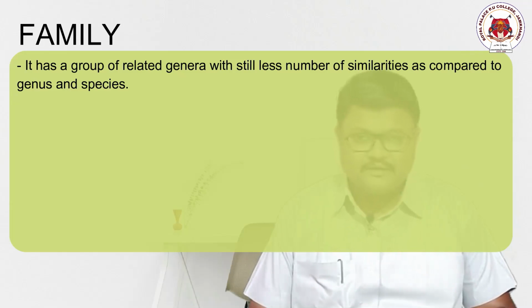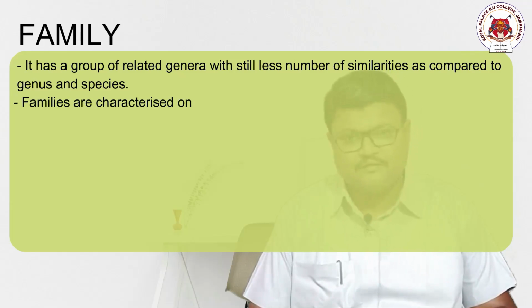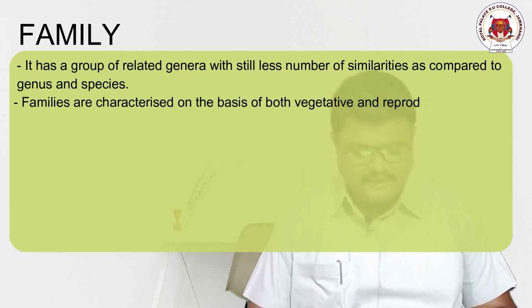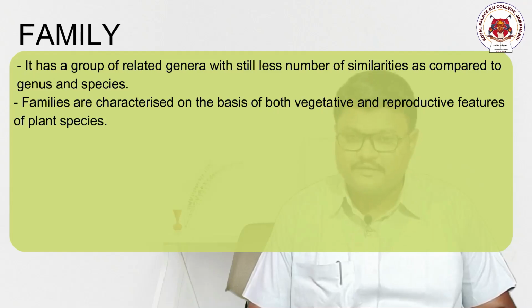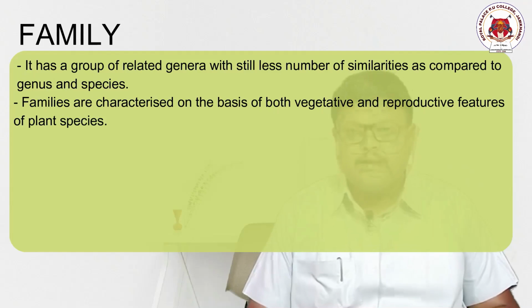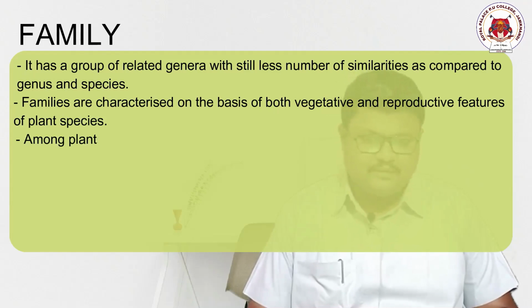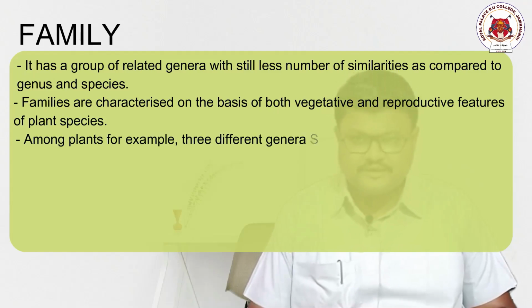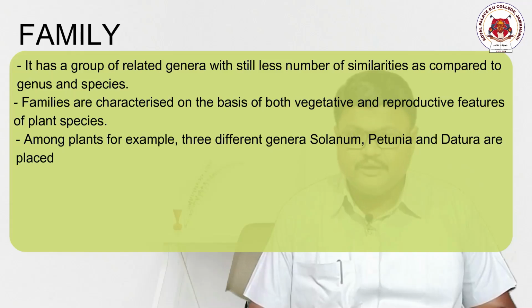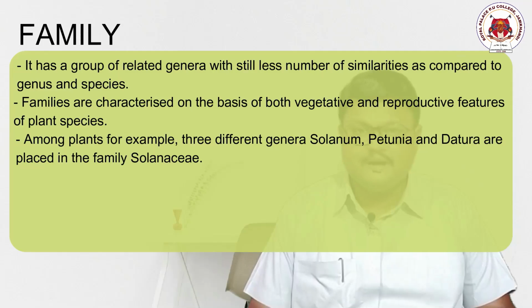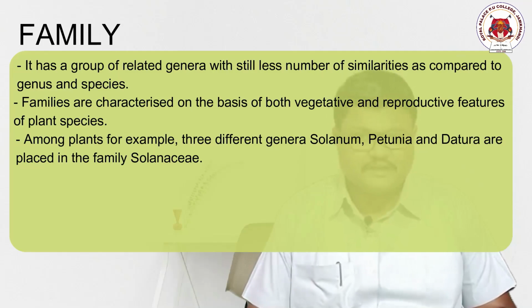Families are characterized by both the vegetative characteristics and the reproductive characteristics in case of plants. Among plants, if we take an example of different genera such as Solanum, Petunia and Datura, these are three different genera, but because these genera have similar general characteristics, they are placed in one family called Solanaceae.